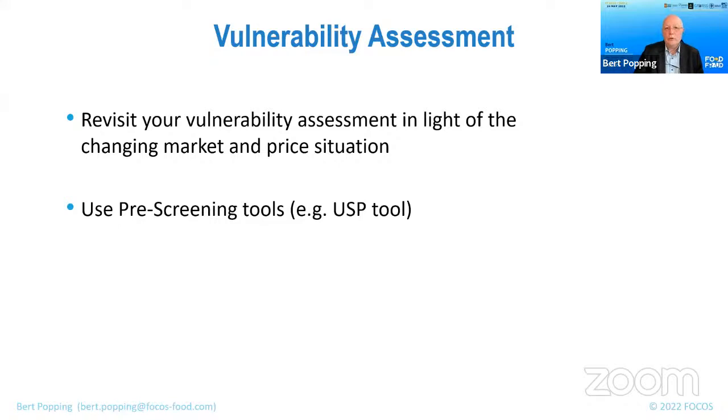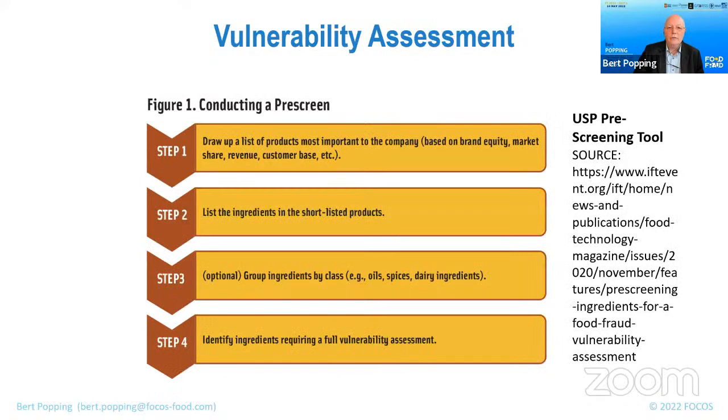And one of the tools that you can use, there are several around, is the United States Pharmacopoeia pre-screening tool. I'm recommending this tool above other tools because it's kind of a quick assessment. It gives you, in a couple of minutes, an answer how likely your predominantly used ingredients are at risk of food fraud.